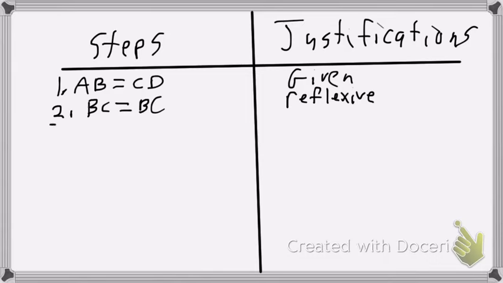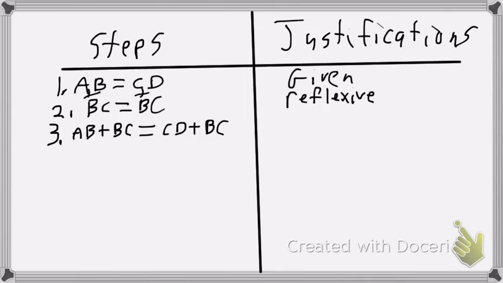So let's look at step number 3. In step number 3, what we're going to do is we're going to add those two together. AB plus BC equals CD plus BC. Now notice what I did here is I just added those up straight down. And I can do that because I know that they are the same length. How do I know they're the same length?